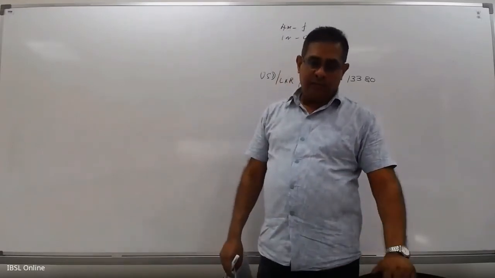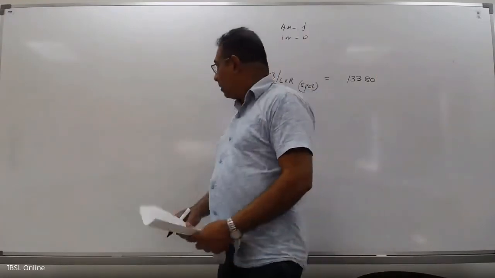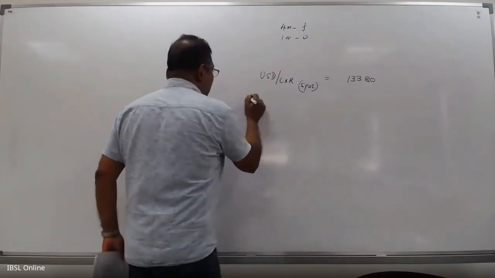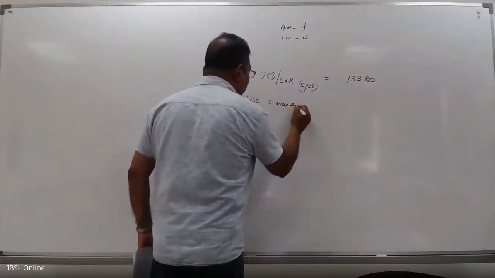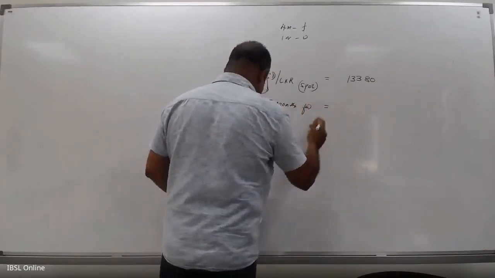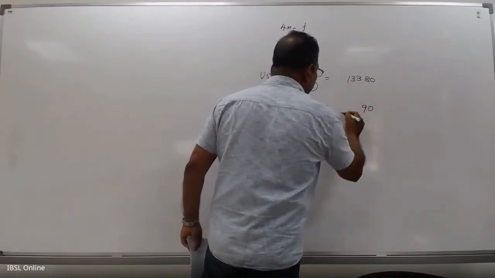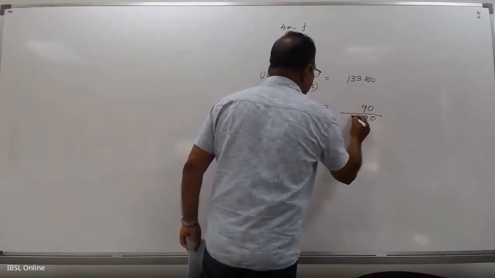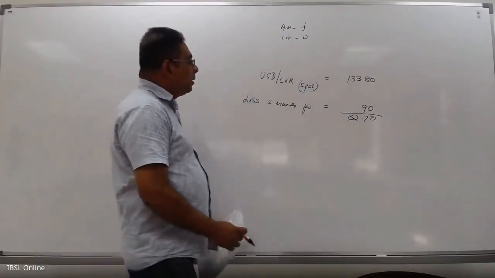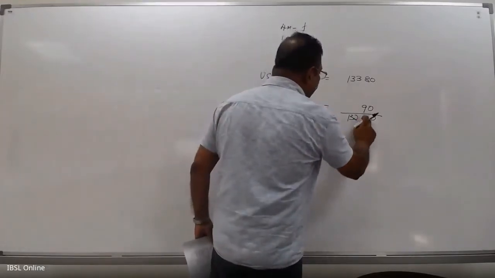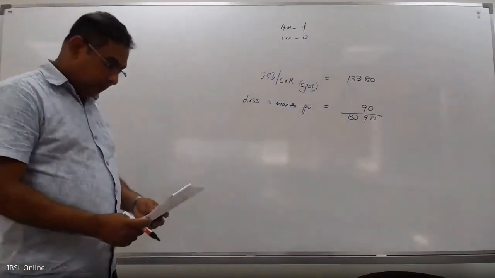Still you have to subtract. So the higher the figure that you subtract, the lesser the figure that you receive. Right. So you say less 5 months forward is 90, which gives 132.90.